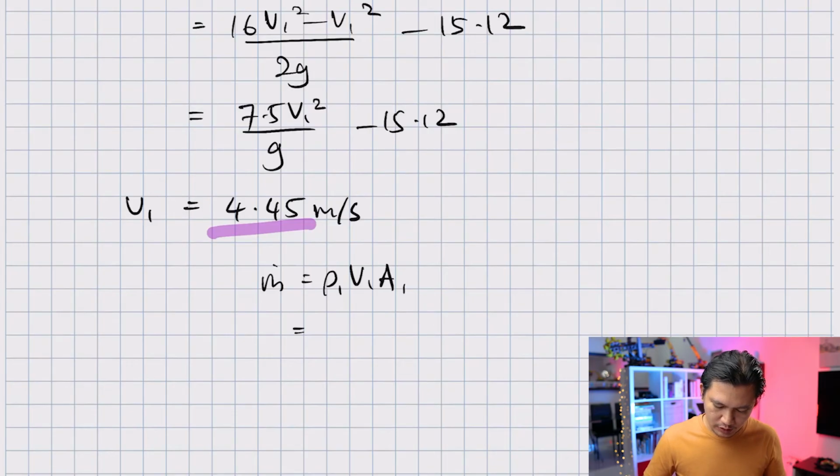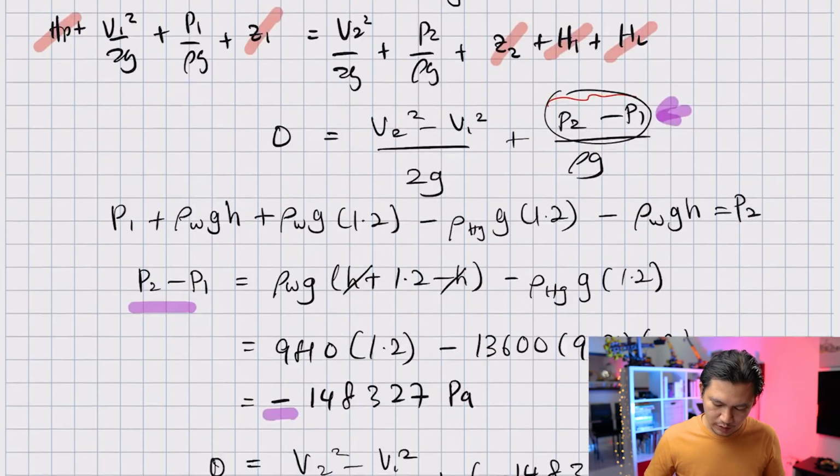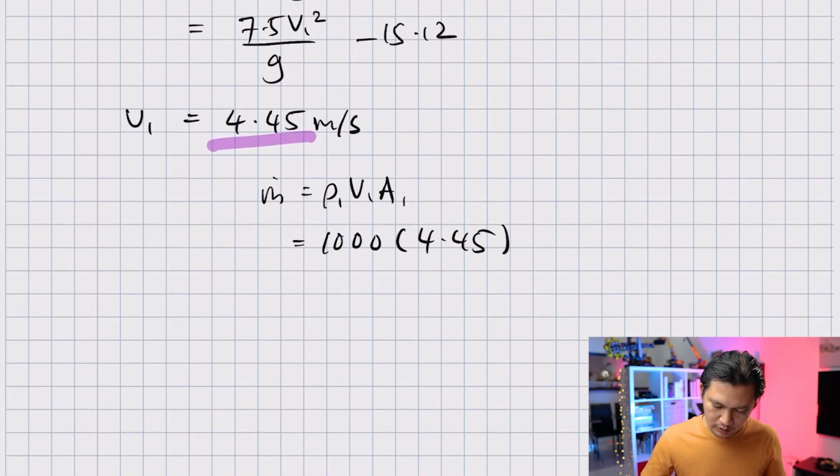Rho is of course 1000 times V1 is 4.45 and A1, again the diameter at point 1 is 100 millimeter, that is 0.1 meter, pi times 0.1 square over 4. And our m dot will be 4.45 times pi times 0.1 square over 4 times 1000. That will be 35.0 kilogram per second.